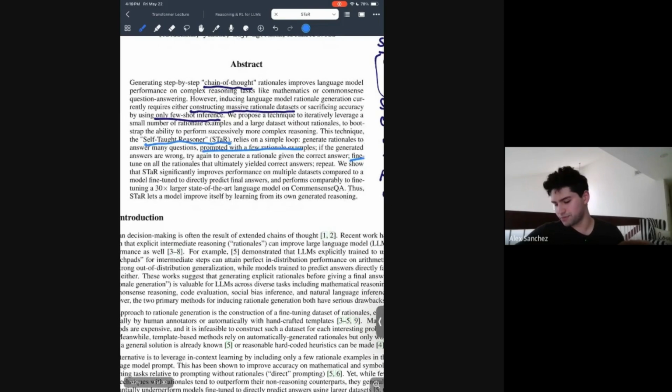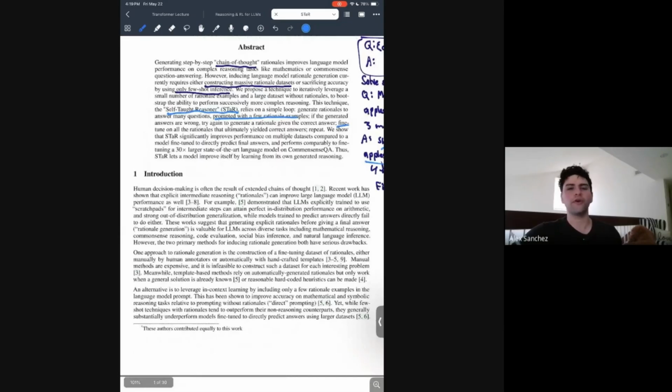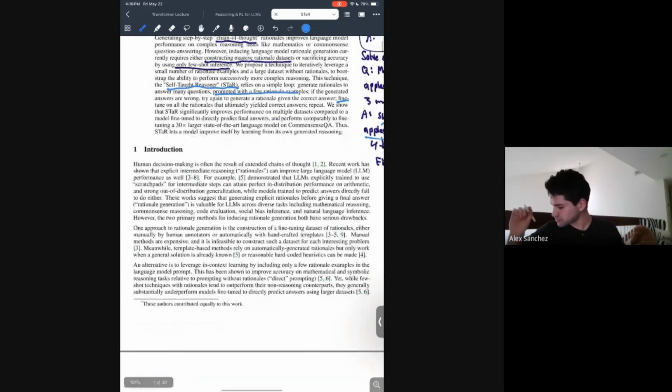This method basically improves performance on multiple data sets in a way that larger models didn't. And it kind of opened the doors to a lot of thinking on how we improve reasoning in large language models.